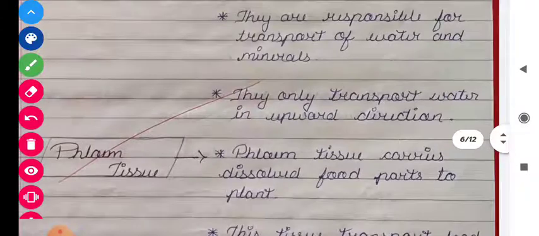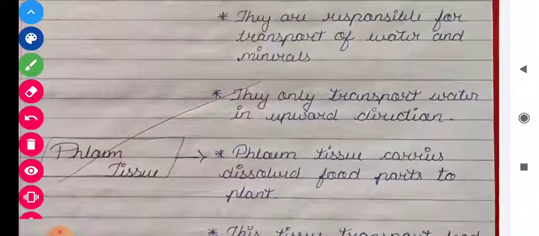So now you will get that there is a unidirectional flow of the water and minerals from the roots of the plant. This function will be performed by the xylem tissue.